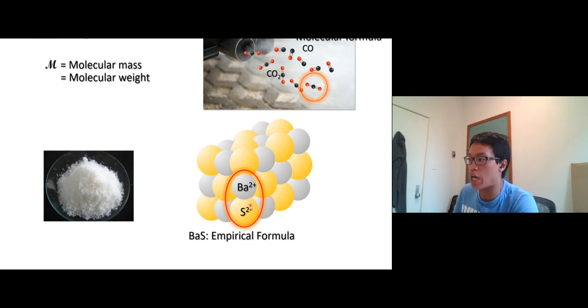In this case, 1 barium, 1 sulfide represents the whole thing. That's the reason why the molar mass of an ionic compound, we just call it formula mass, which is the mass of 1 mole. But it's the same thing: molecular mass, molecular weight, formula mass, they're all the mass of 1 mole. We use formula mass for ionic compounds and molecular mass or molecular weight for covalent compounds, but we use all these terms interchangeably. Don't worry about it. They are the same thing.